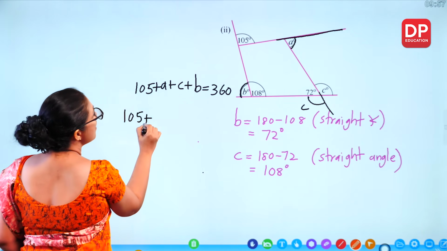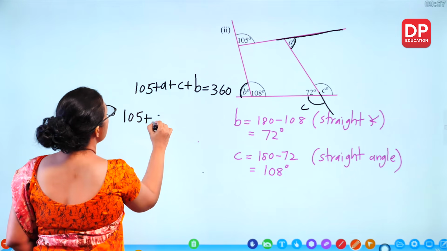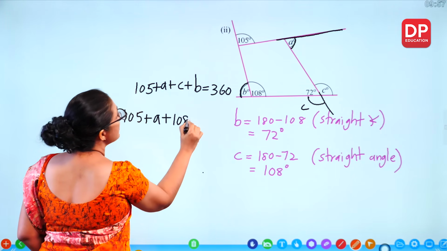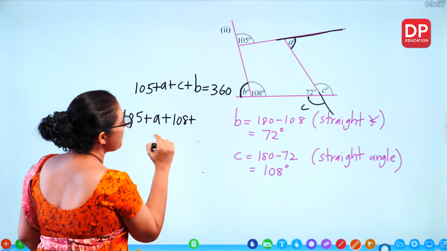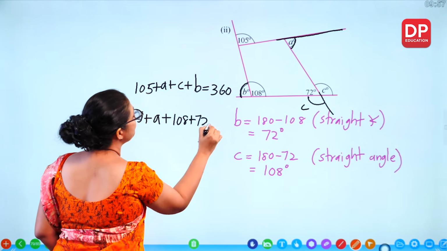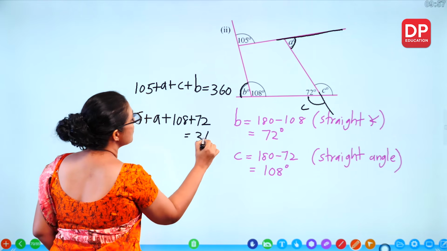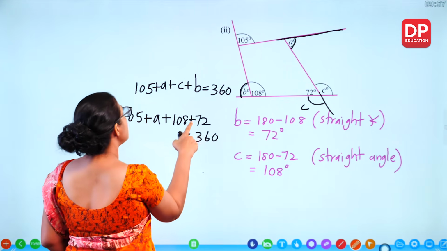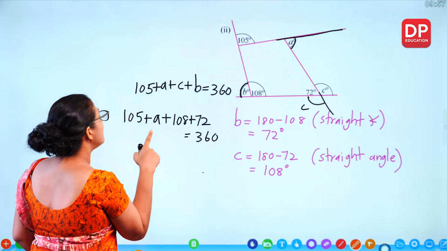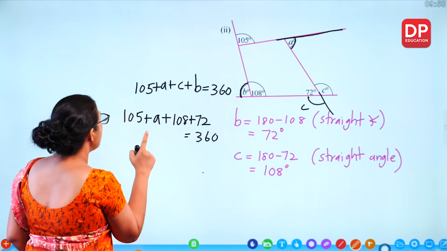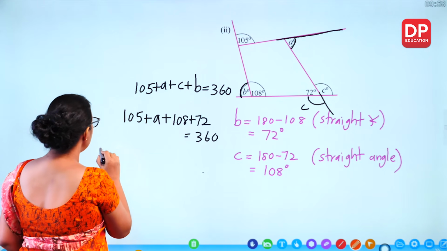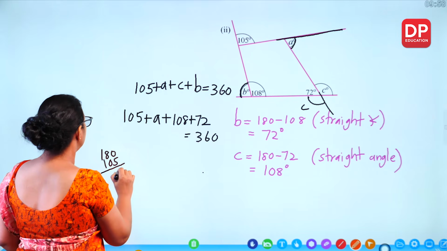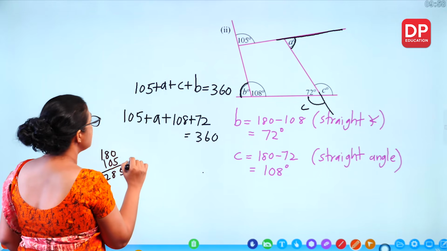105 plus A, C is 108 and B equals 72. That's equal to 360. Now add these 108 and 72, 180. 180 plus 105, 285.